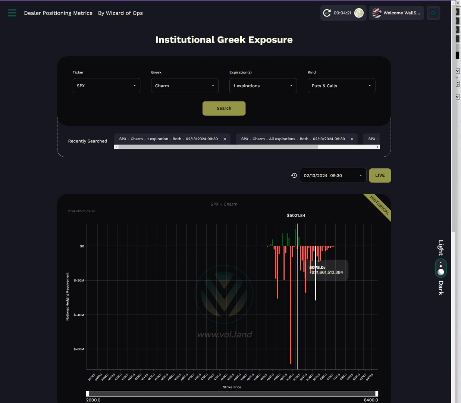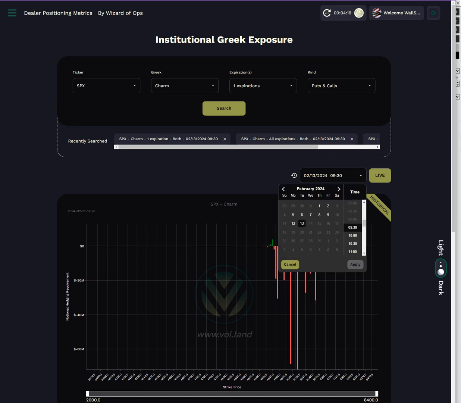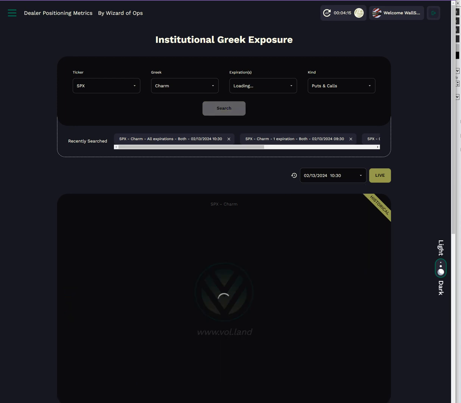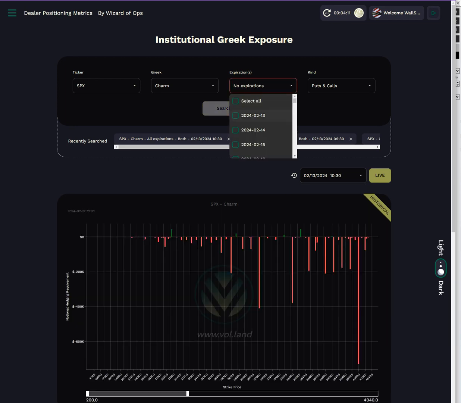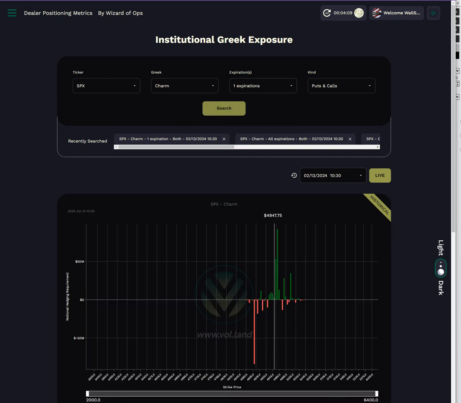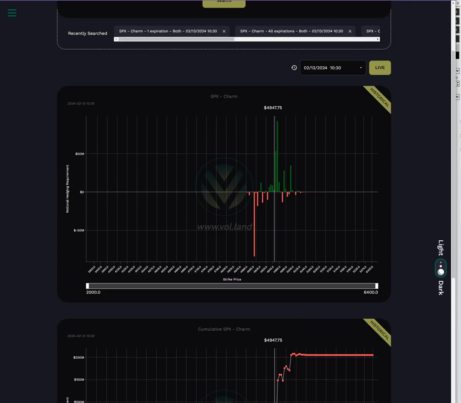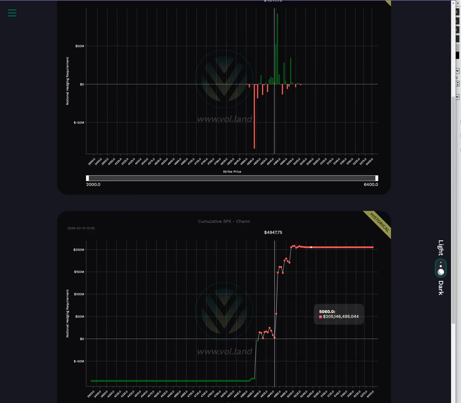So just notice something here. This is 9:30. I'm going to advance this just to show you how it changed. At 10:30, and I'm only looking at the 0 DTE, you can see that this shifted, didn't it? Instead of having a lot of red below, we had a lot of green above. And this is what we call a Bank of America paradigm, which suggests a two-way market.